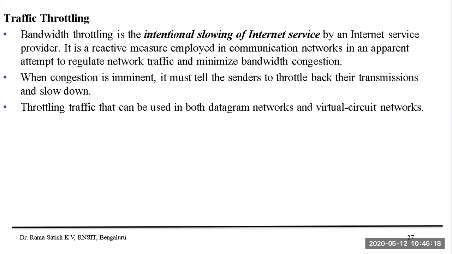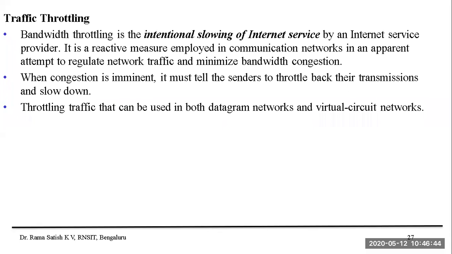And sometimes it is automated. Based on the number of users, your speed will automatically reduce. So the router will automatically reduce the speed, just to avoid transmission congestion. So this is traffic throttling.